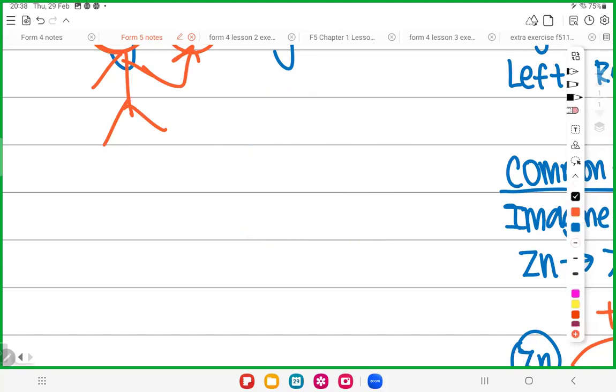Okay. For me, guys, I always believe the best notes in the world should be the notes that you write yourself. Seriously, the best notes in the world should be the notes that you prepare yourself. Trust me on this. You go to copy the notes from your friend or from anyone.